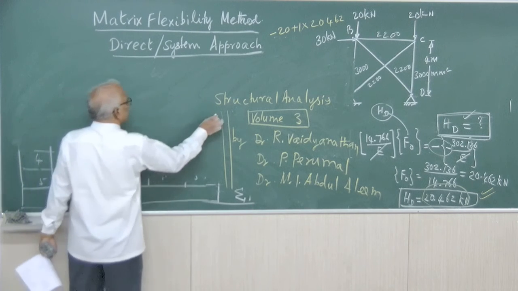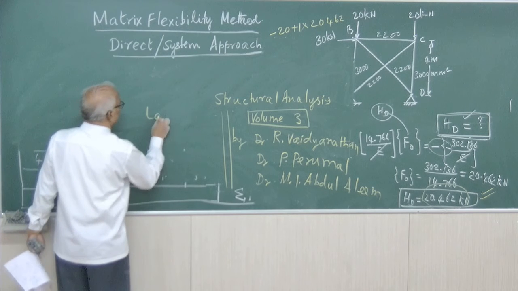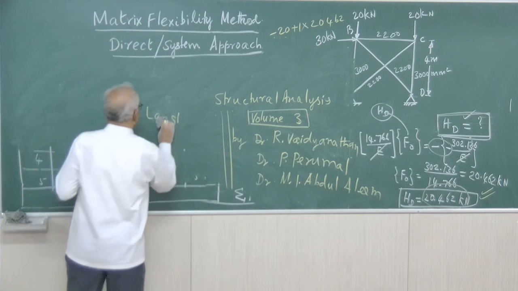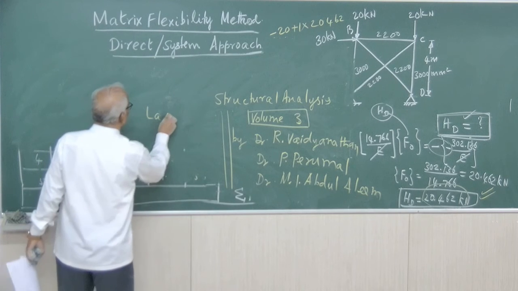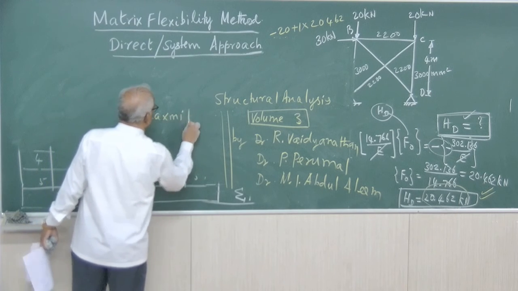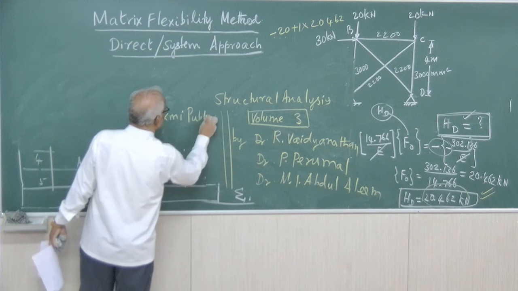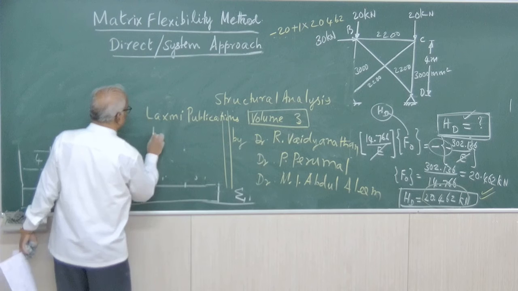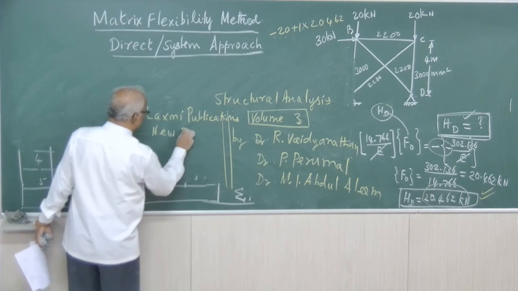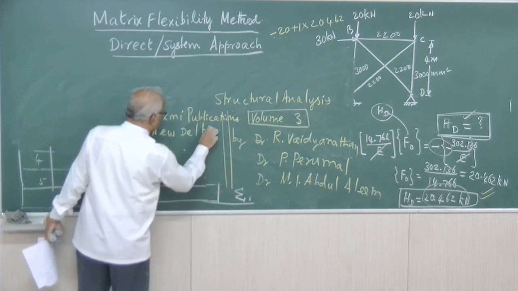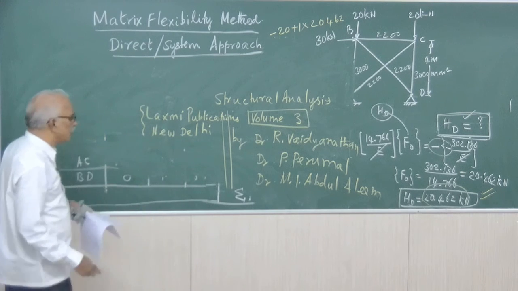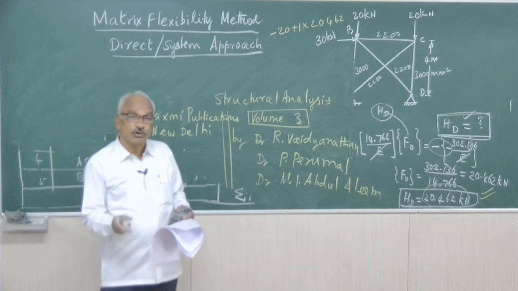All these books are available from Laxmi Publications, New Delhi. If viewers are interested, you can make use of this book for a problem with 2 degrees of redundancy.